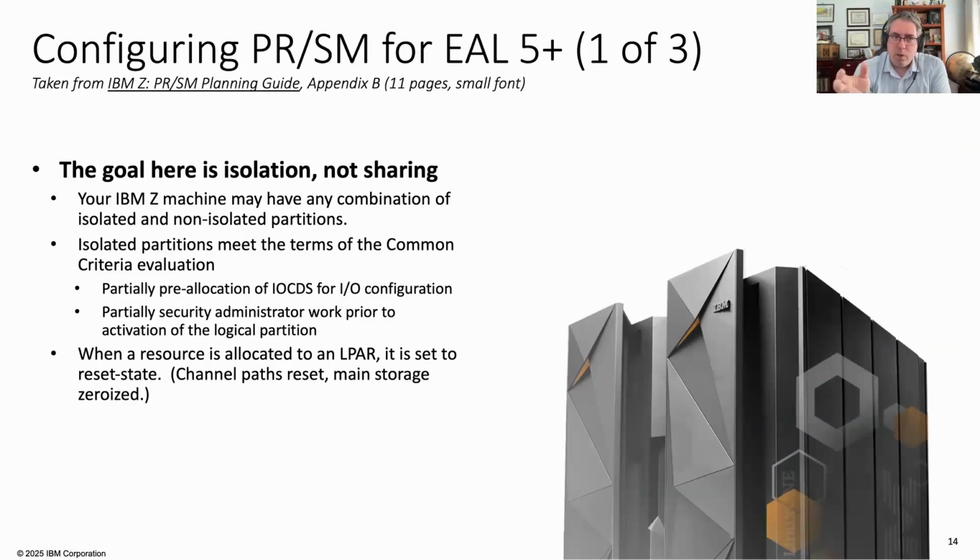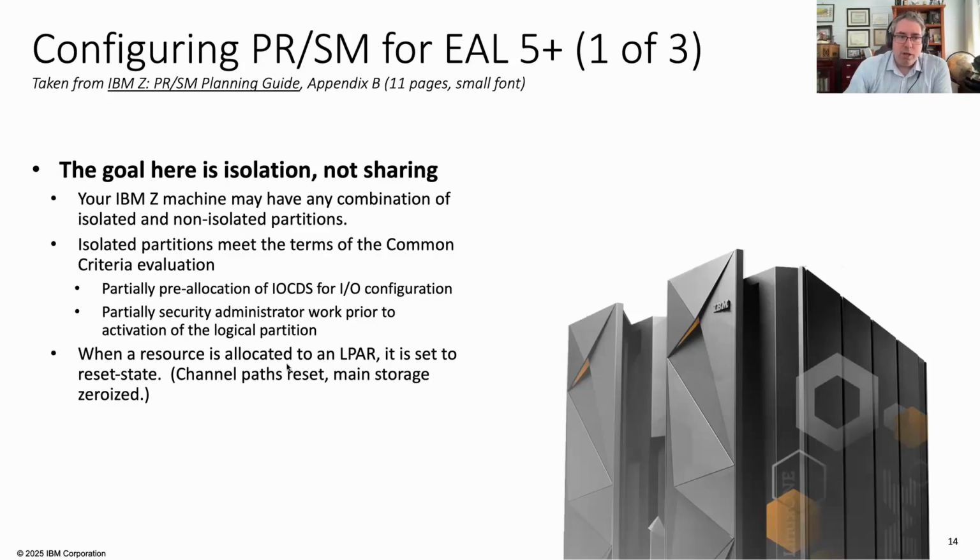If you look at PR/SM, the goal is isolation and not sharing. Now, your machine could have any combination of isolated and non-isolated partitions, depending upon what you're doing, but the isolated ones are the ones that meet the terms of the Common Criteria. So, you're going to be looking into making adjustments so that, for example, when a resource is allocated to an LPAR, it's set to a reset state.